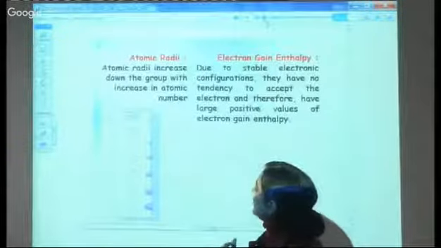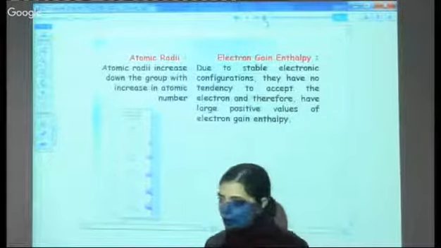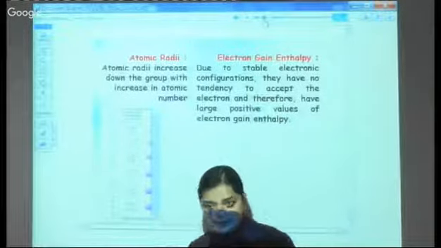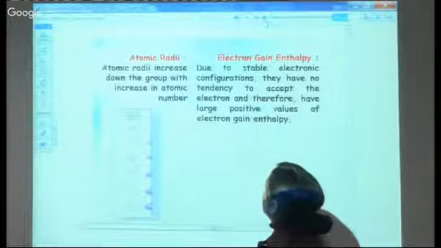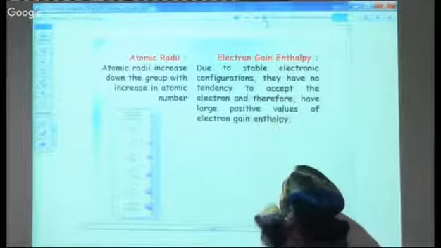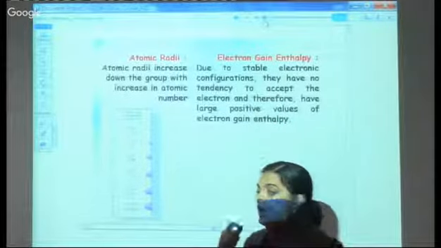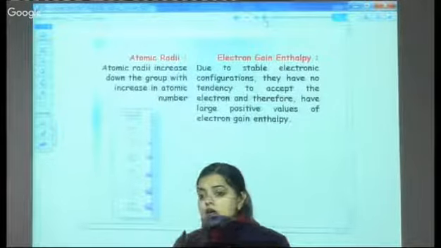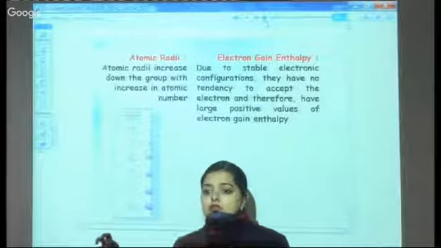Now the atomic radii increases down the group. We all know that for all groups in the periodic table, the atomic radii increases down the group. However, electron gain enthalpy, due to stable electronic configuration, they have no tendency to accept an electron. As I told you in ionization energy, they do not allow taking up an electron.